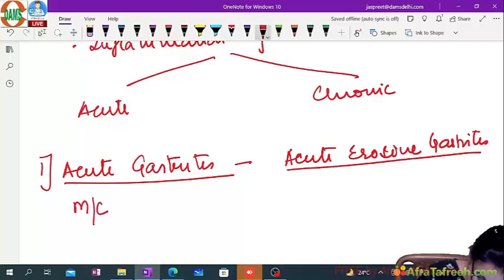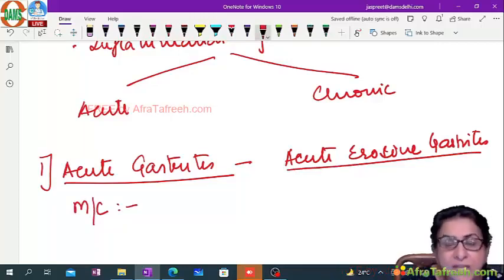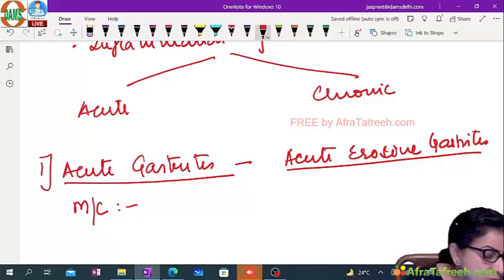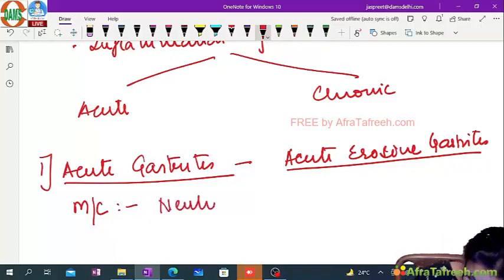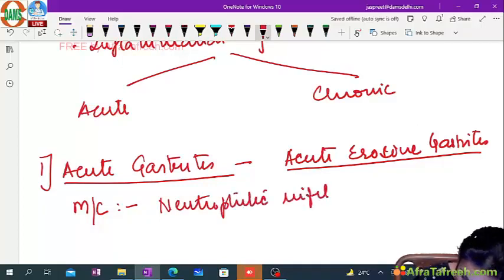If you see under the microscope in acute gastritis, you will see in the gastric mucosa acute inflammatory cells. Which are the acute inflammatory cells? They are neutrophils. So in acute gastritis on microscopy, you see neutrophilic infiltration in the mucosa.